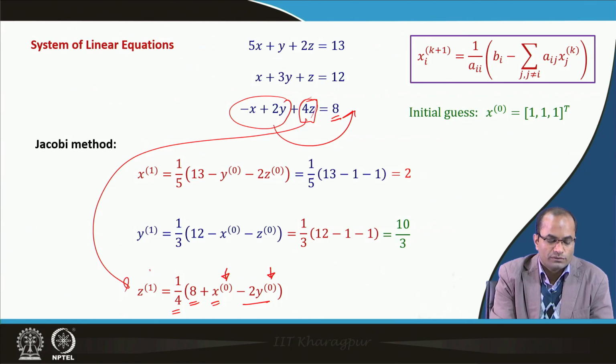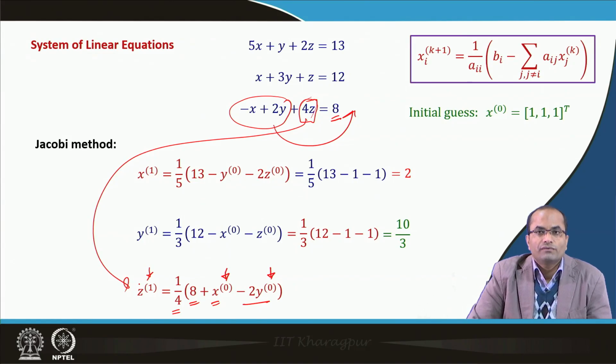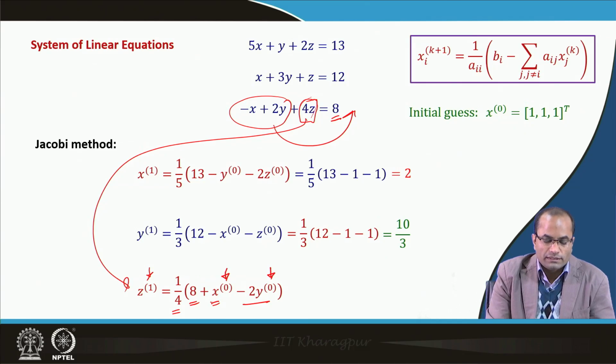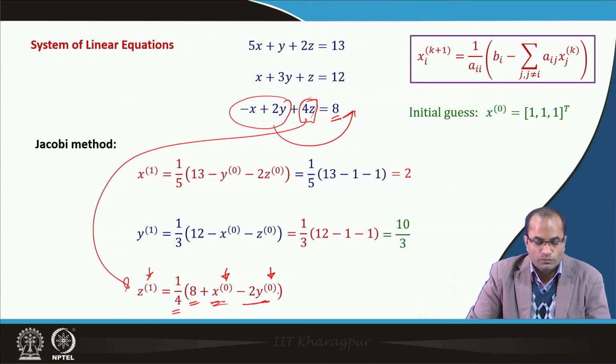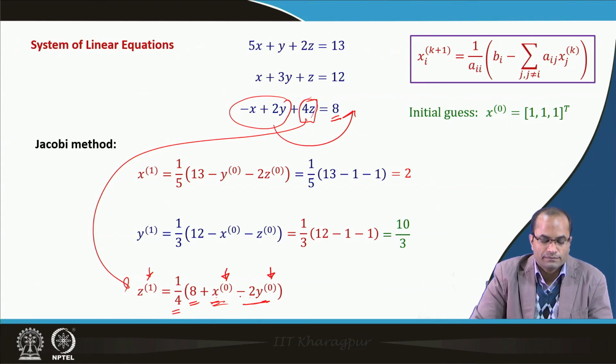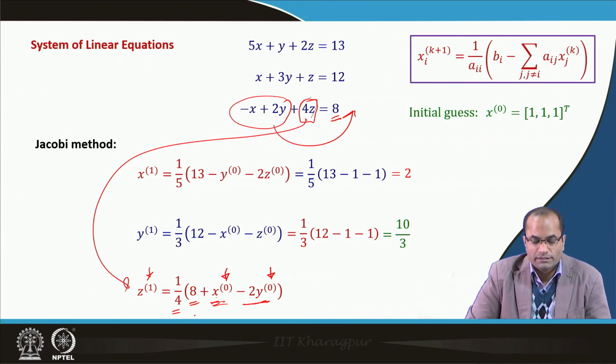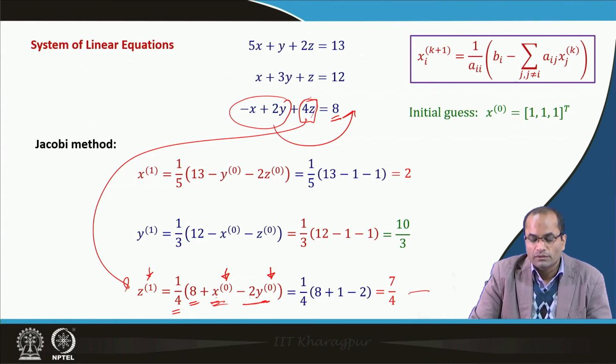So, the values at the 0th level, and on the left hand side we have the values after the first iteration. So, these are the initial guess which are known to us. So, here we have 1 and minus 2. So, this is minus 1, and then we have plus 8. So, this is all about what we are getting, 7 by 4. So, these are the values after one iteration.